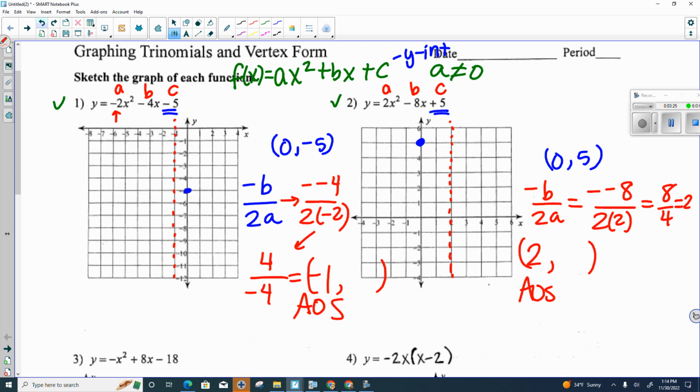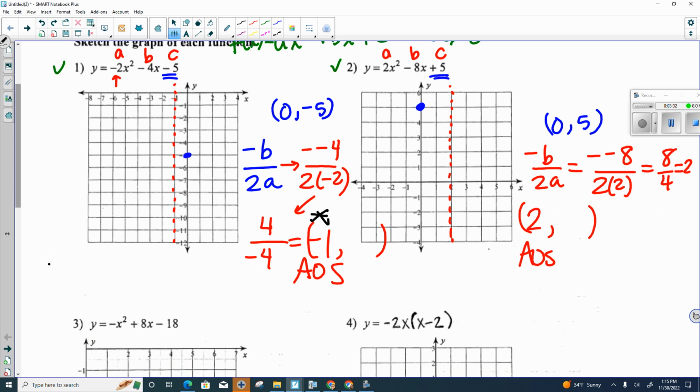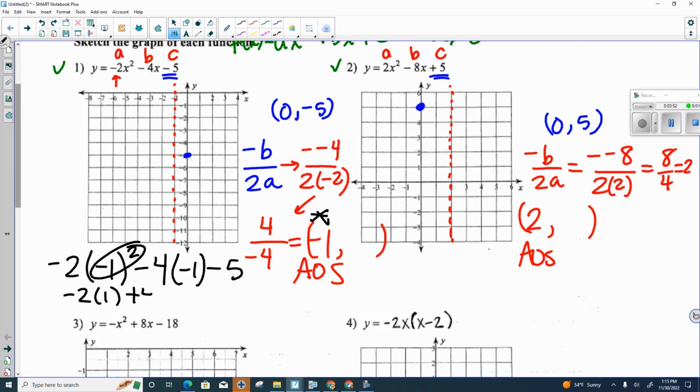To find the y value, I've got to plug this back in to my original equation. And everywhere I see an x, I'm going to put that value. So right here, it's a negative 1. Okay, I plugged it in everywhere. Now I got to do order of operations, which is exponents, multiplication, negative 2 times 1 is negative 2.